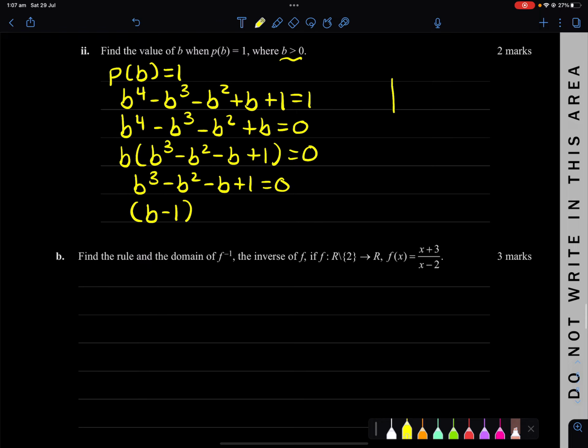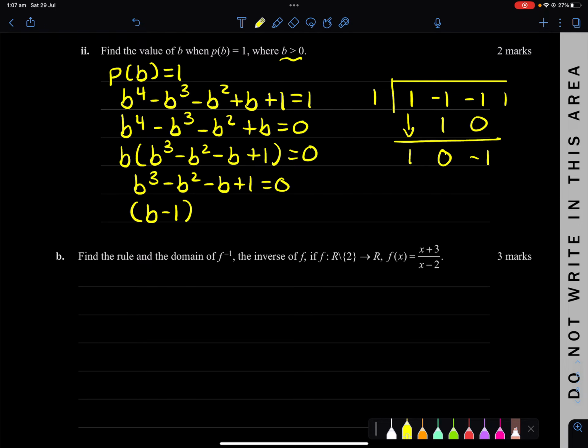By using synthetic division, which is a quick way to get the other solution, we get 1, 0, negative 1, 0. So this simplifies to b squared minus 1.